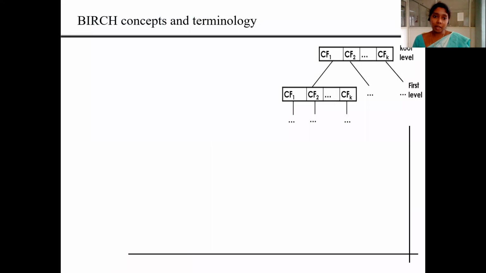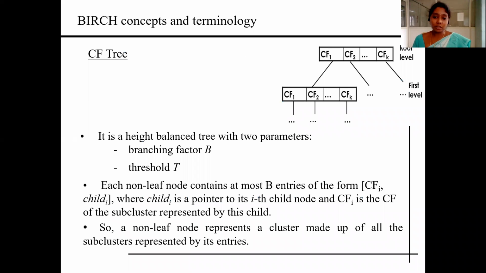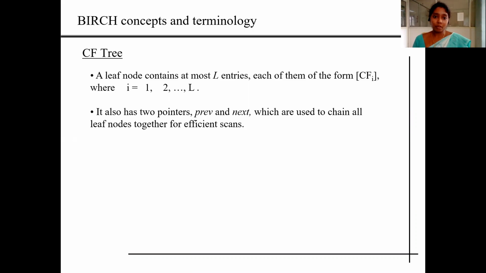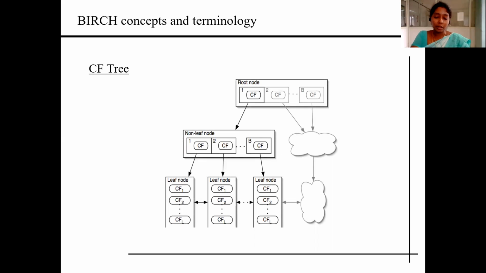Coming to the CF tree, we need to deal with different parameters like branching factor and threshold, and one more parameter, L, is also there. If you consider the CF tree, what does this branching factor explain?